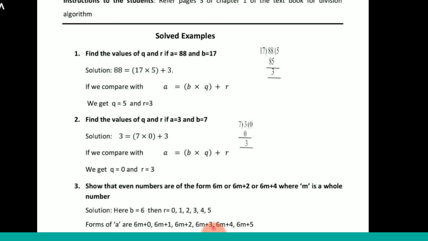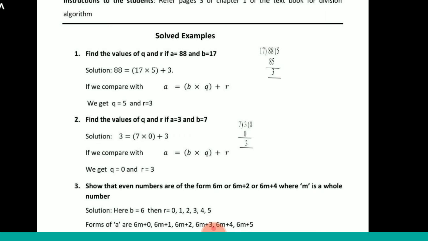That means 3 is not going by the 7 table, but with that 0 you can write 7 zeros are 0, remainder 3. So 3 is equal to 7 into 0 plus 3, and we write q is equal to 0, r is equal to 3. It is only for the purpose of understanding the a is equal to bq plus r statement, that is the division algorithm statement.